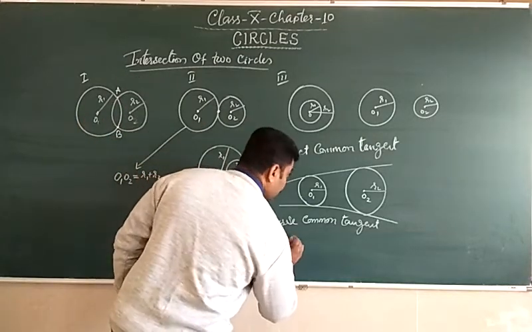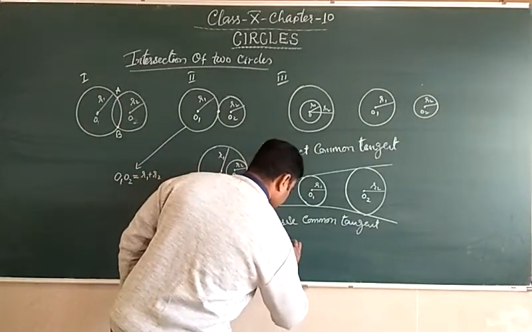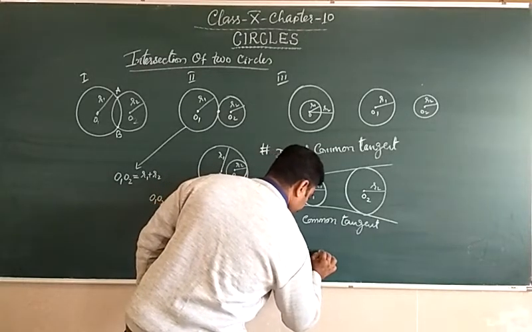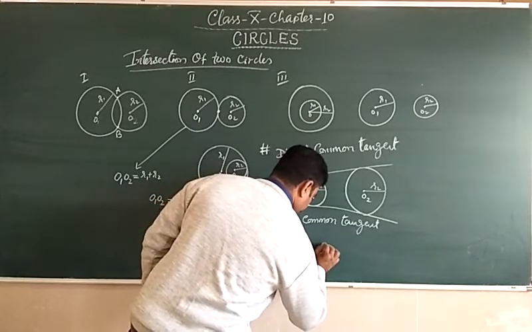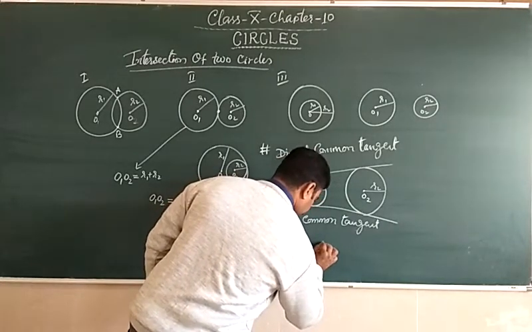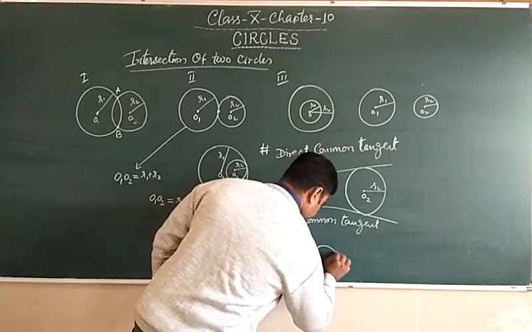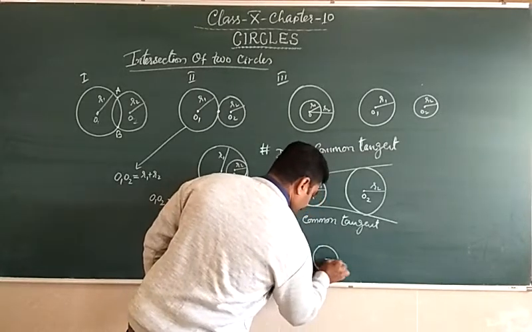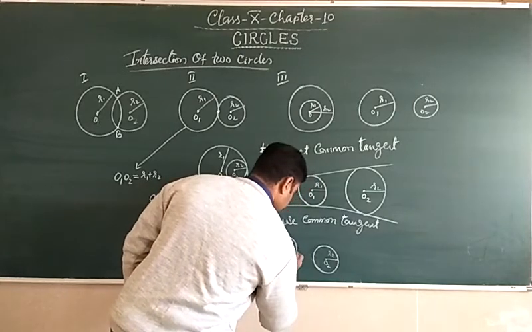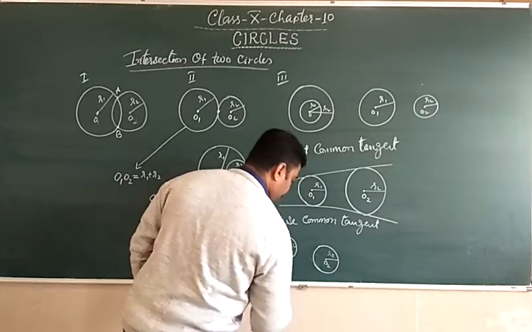Suppose two circles, one is here and second one is here. Center O2, radius R2, center O1, radius R1.